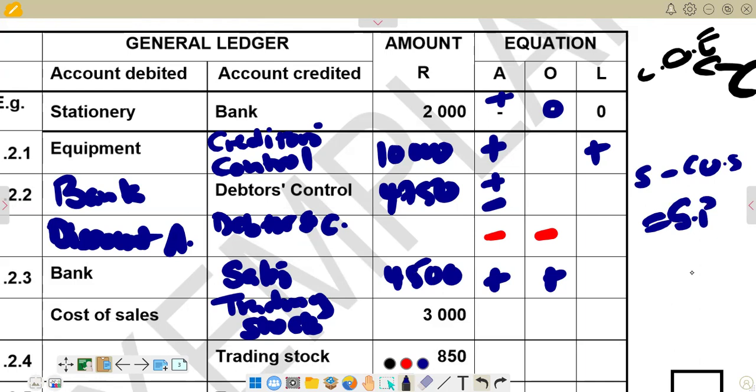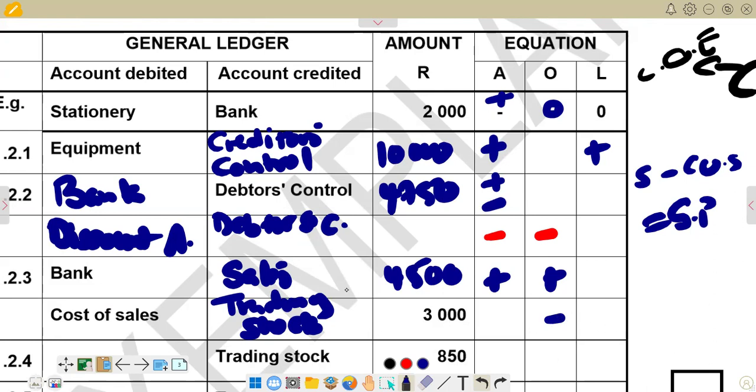And then this gross profit is going to lead to our net profit. So as our cost of sales are being debited, it means they are increasing. That means it's going to reduce the gross profit, which is also going to reduce the net profit. So we are going to have a minus on owner's equity, as net profit also is going to be added to our owner's equity. So when it's being reduced by this cost of sales, our owner's equity also is going to be reduced, the minus.